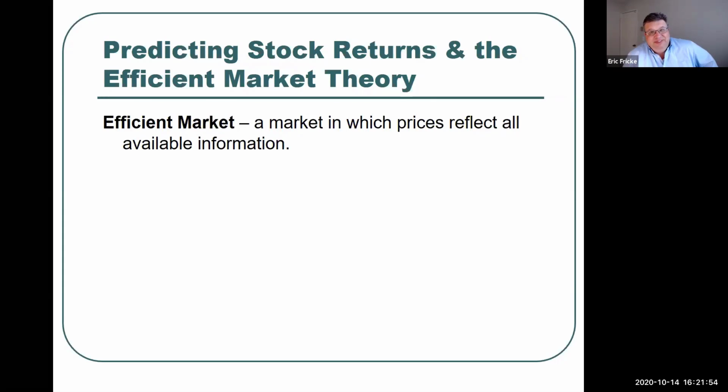A lot of hedge funds can't beat that average. So most financial advisors will say, because it's really hard to predict stock returns, you're better off just investing in an index fund, like the S&P 500 index fund. You just set it and forget it, and don't worry about trying to time the market or pick stocks.